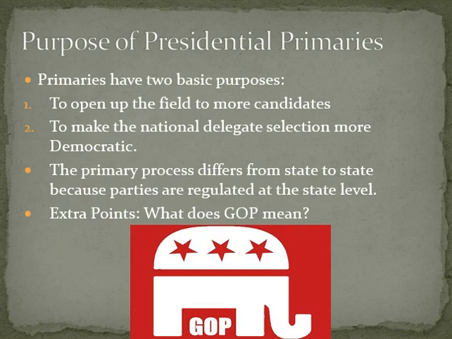The process differs from state to state because parties are regulated at the state level. So make sure you know the two basic purposes of the primary: open up the field, and make the national delegate selection more democratic. And how many of you know what GOP means? If you research that and find that out, and tell that to me, I will give you and your group extra points. So find out what that means.